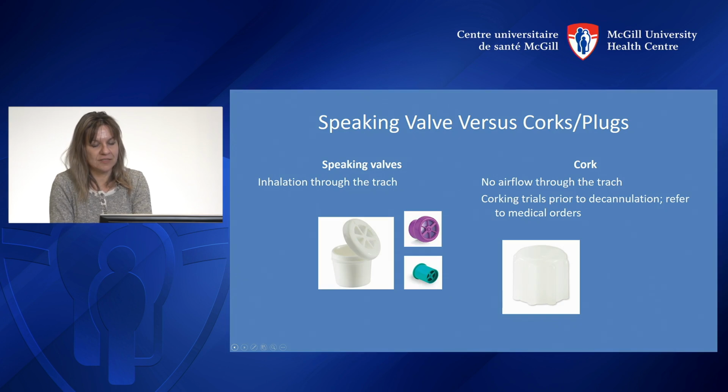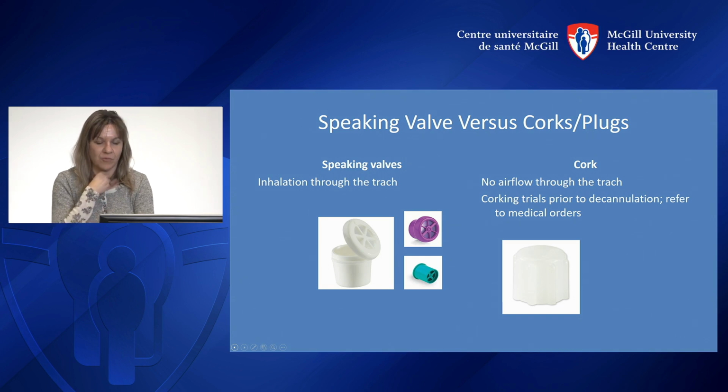There is often a confusion between the speaking valve and a cork or a plug. The speaking valve, if placed at the end of a tracheostomy tube, allows inhalation through the trach tube. There is a membrane inside that opens with each inhalation, and the air is coming through the tracheostomy tube that's placed here.